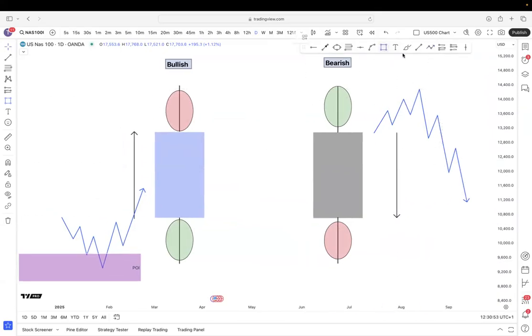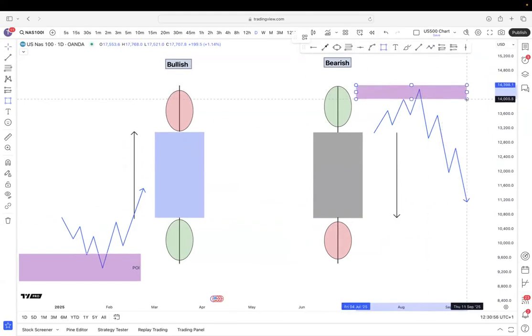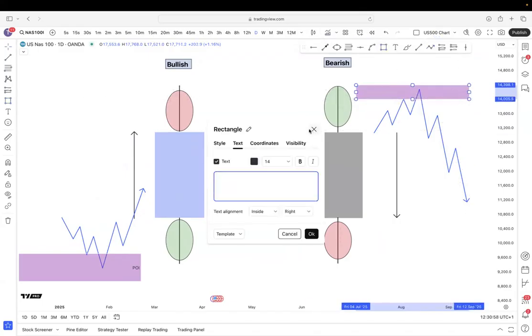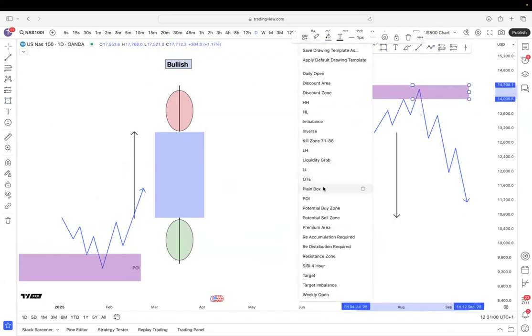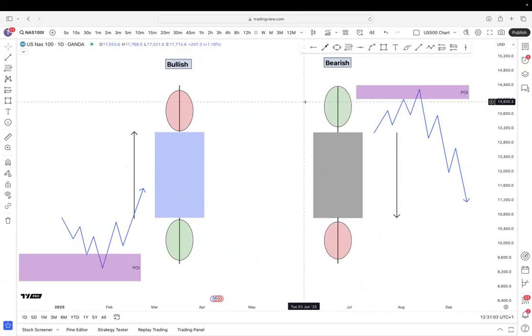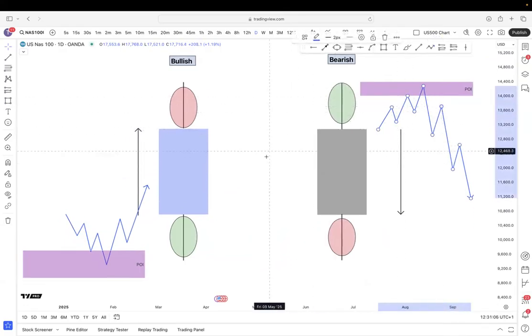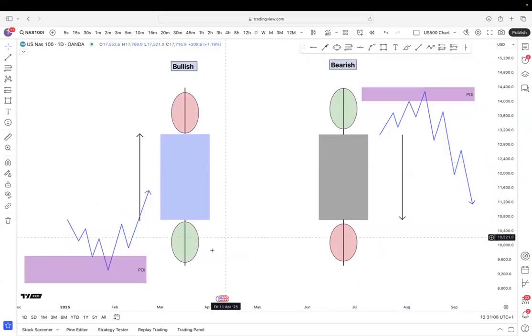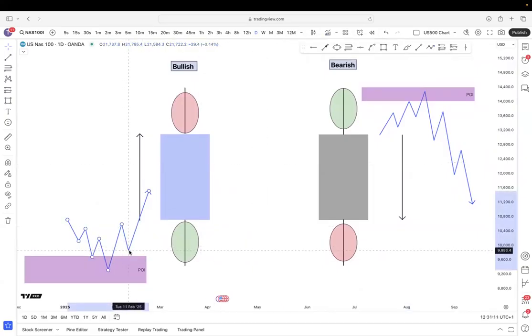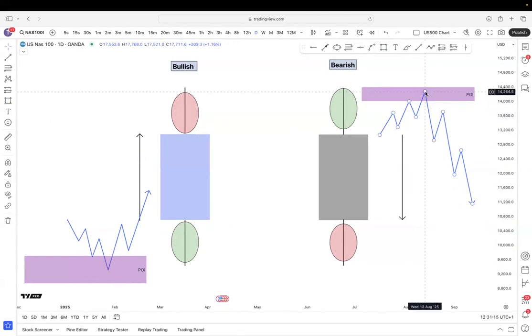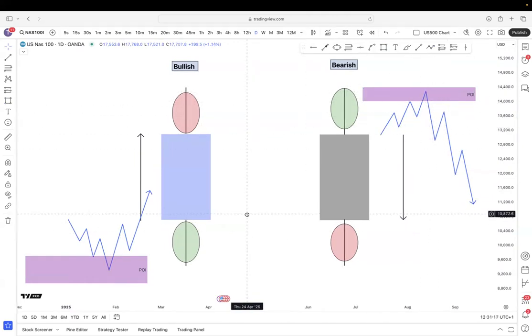And once again, price action is likely to react from some kind of point of interest area on a higher time frame. And if we can anticipate when that's likely to be, we're going to give ourselves a much better advantage in the game. And this is essentially, in a nutshell, the way I look to try and trade.